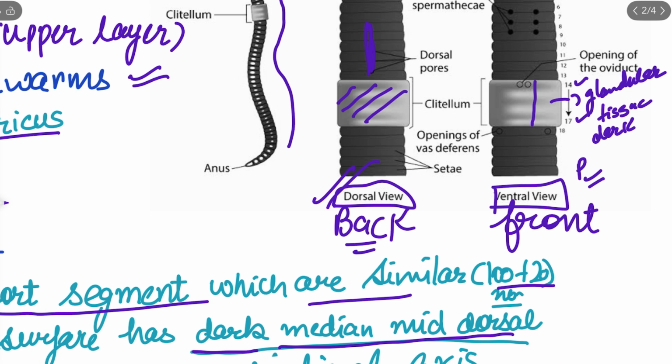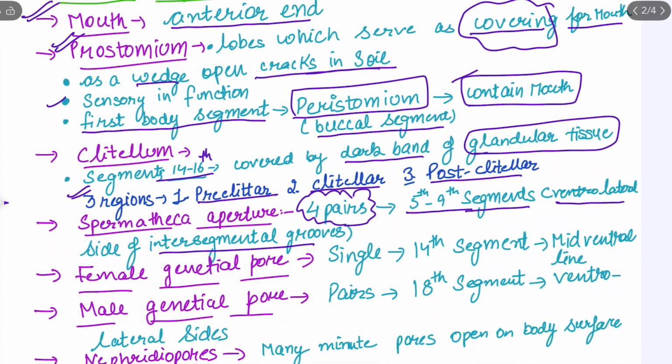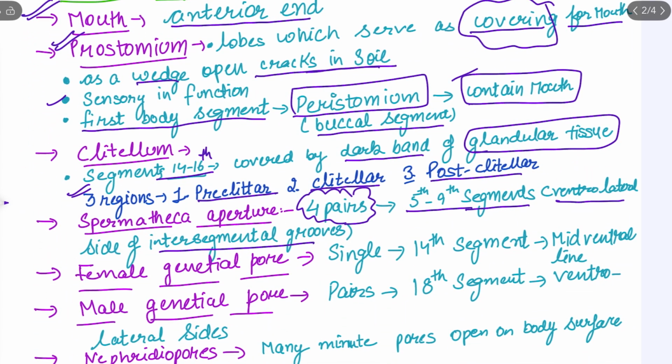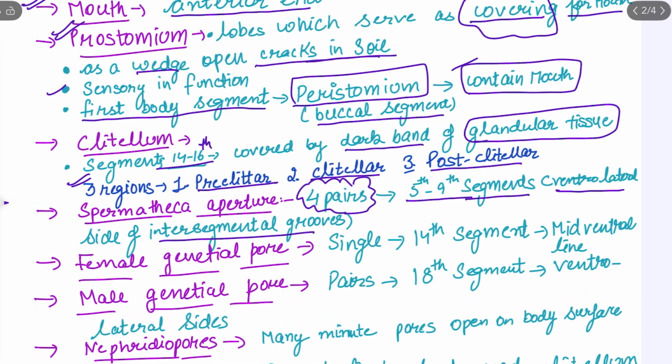The openings of the spermathecae are at the 5th to 9th segments. Okay, four pairs are present.